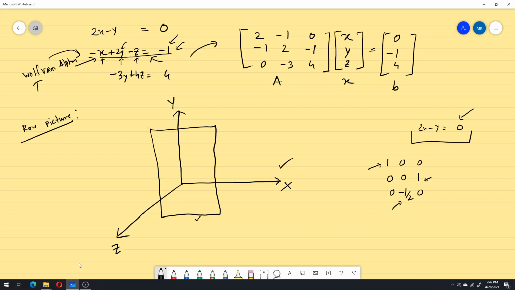Okay, so similarly you will get another plane for this equation. So let's say this is that plane. Maybe it is not accurate.